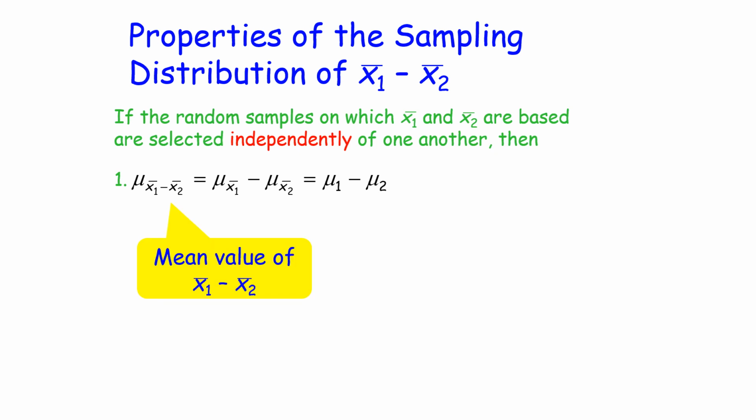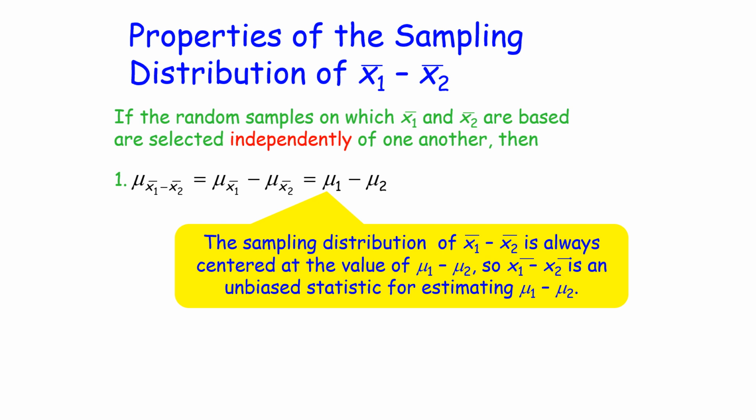And so this is our mean value of our x bar sub 1 minus our x bar sub 2. The sampling distribution of x bar sub 1 minus x bar sub 2 is always centered at the value of mu sub 1 minus mu sub 2. So x bar sub 1 minus x bar sub 2 is an unbiased statistic for estimating mu sub 1 minus mu sub 2.